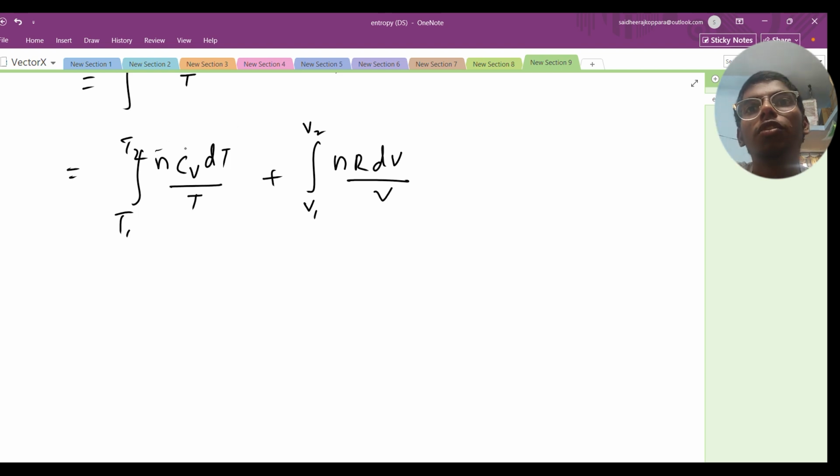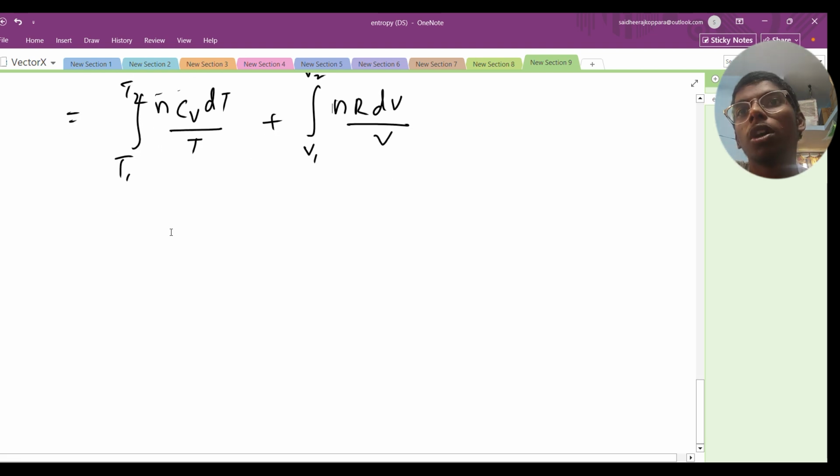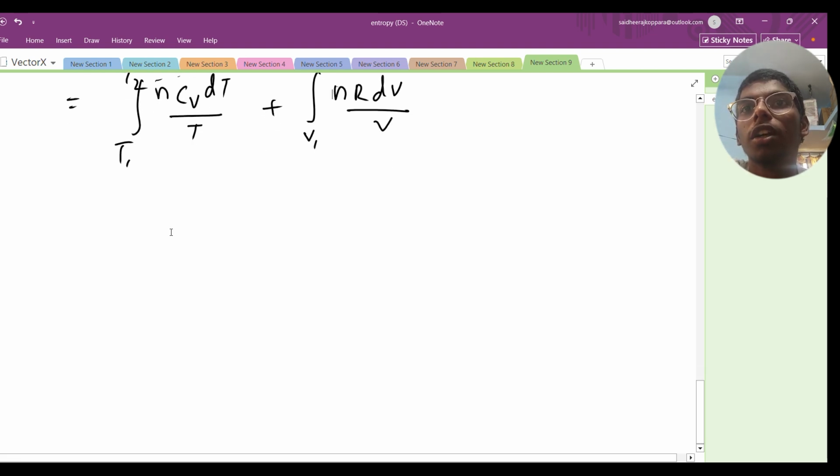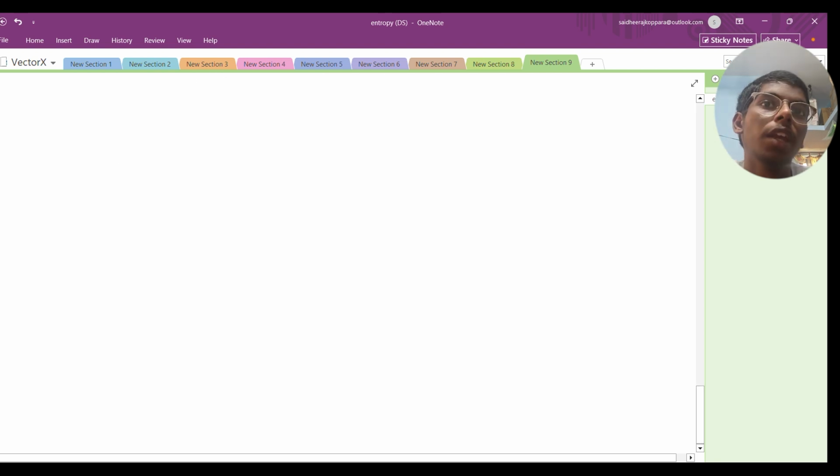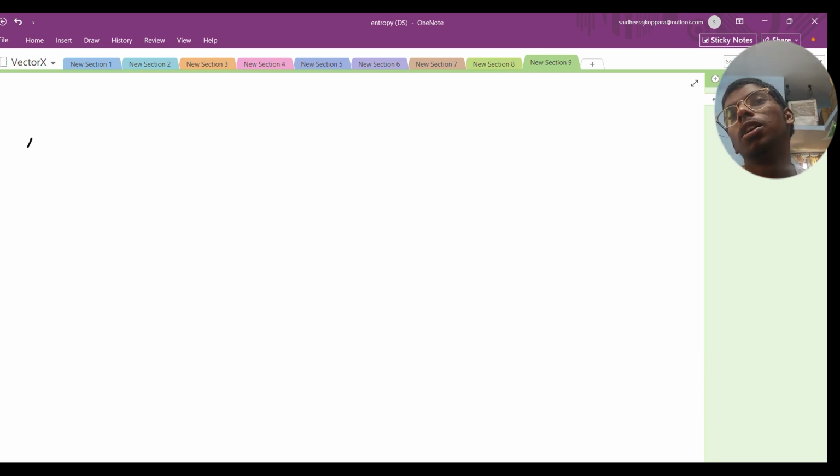Okay, we know that for a particular gas n is given and Cv is given, so here it's only dependent on temperature, and here we know that n is given and R is given, so it's only dependent on volume. Then you can take out n and Cv from the first integral and n and R from the second integral, and what are you left with?